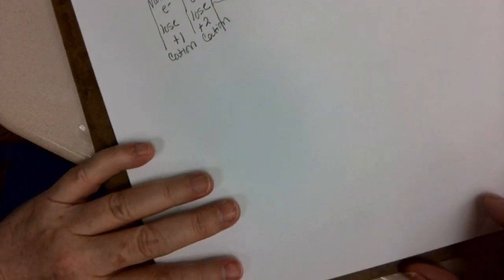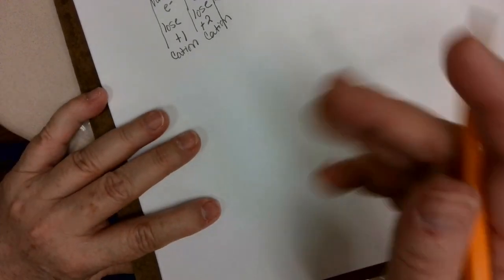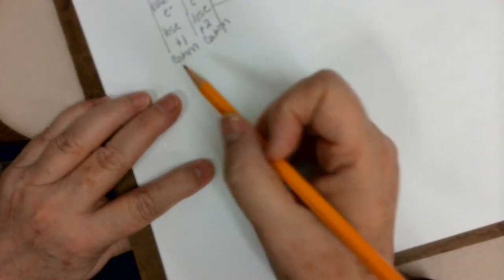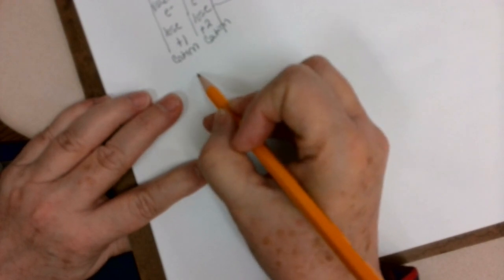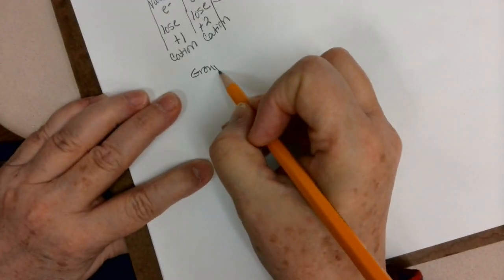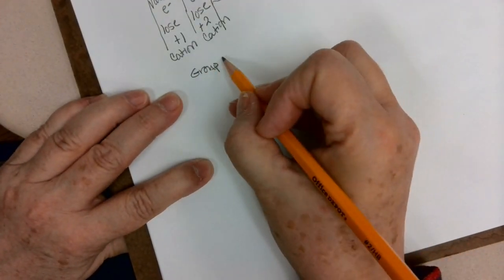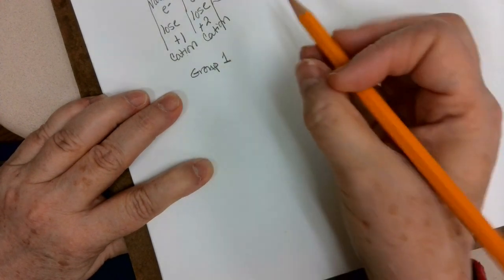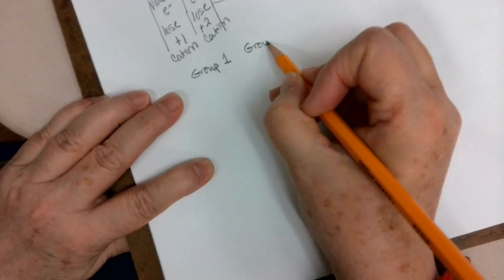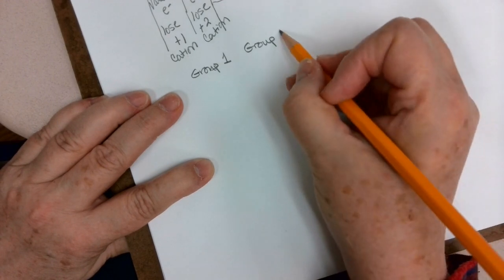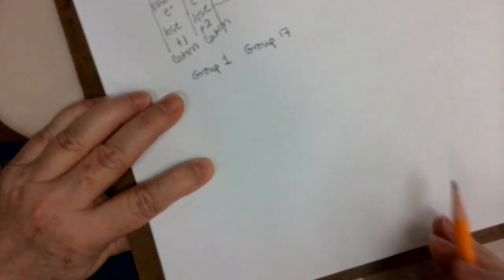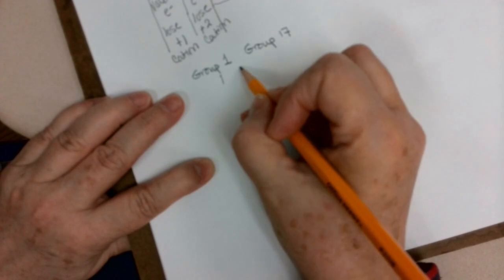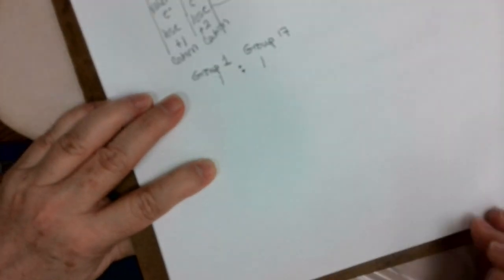Alright, and so as you were making your different formulas, I gave you the elements, I gave you how many particles you needed, and you got practice writing formulas. But the pattern I wanted you to see was that if you have a group 1, and I'm going to start calling them groups instead of columns, if you have a group 1 and a group 17, these relationships were 1 to 1.